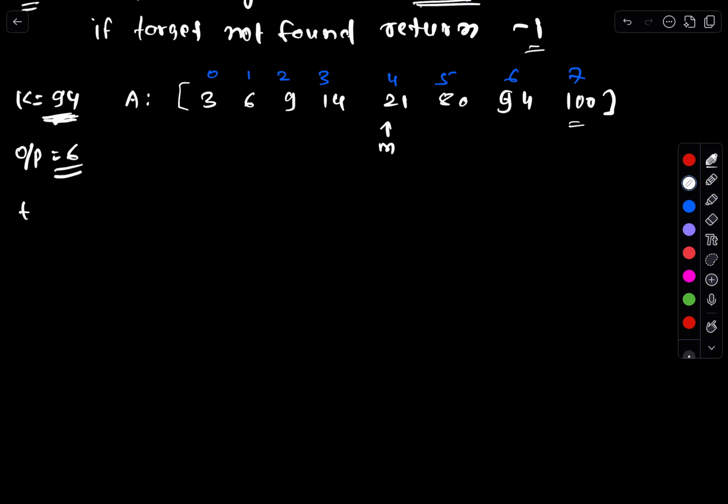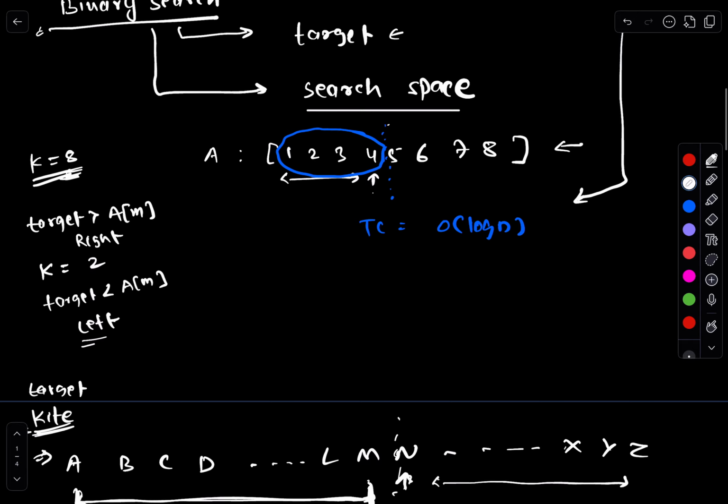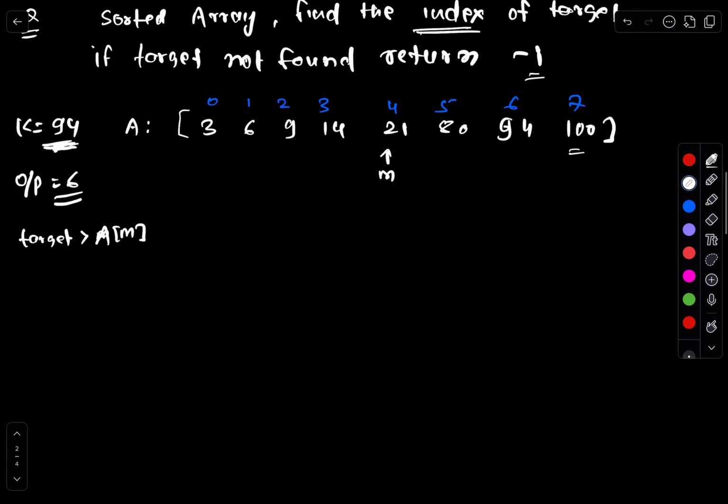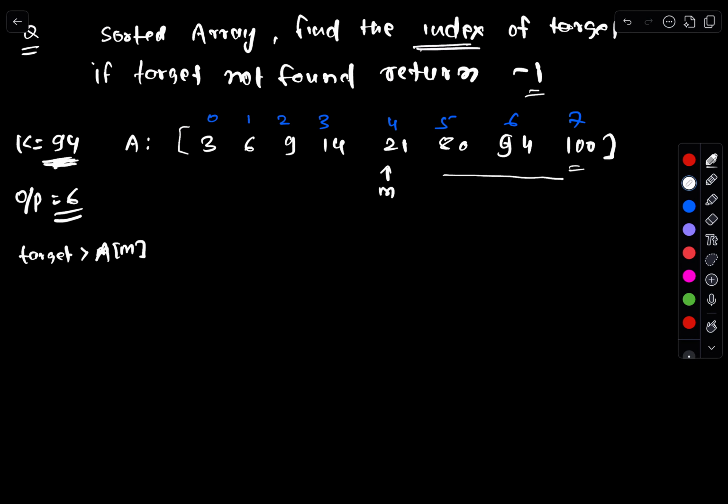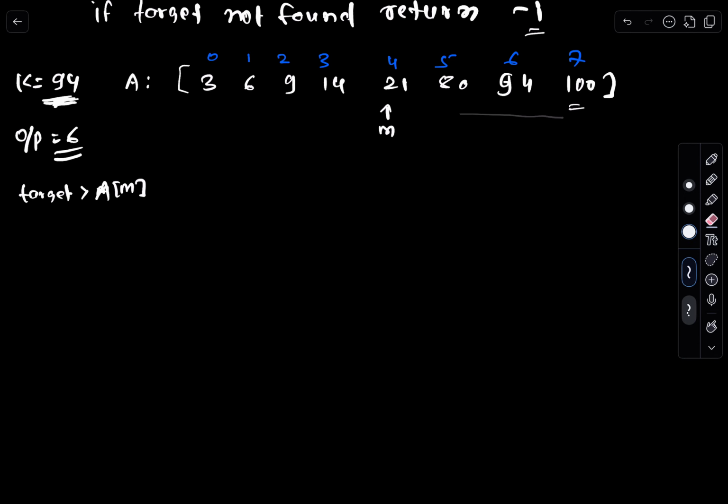In this case, the target is greater than the middle element A of M, right? If it is greater, what was our formula? We have to look to the right. Okay, make sense?